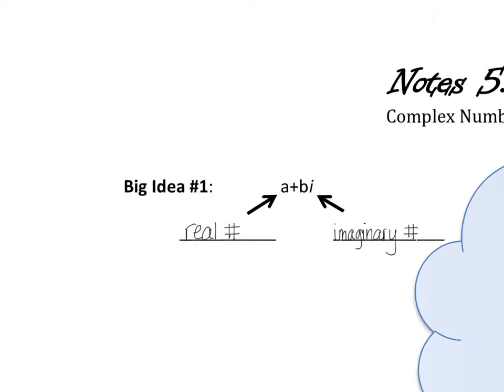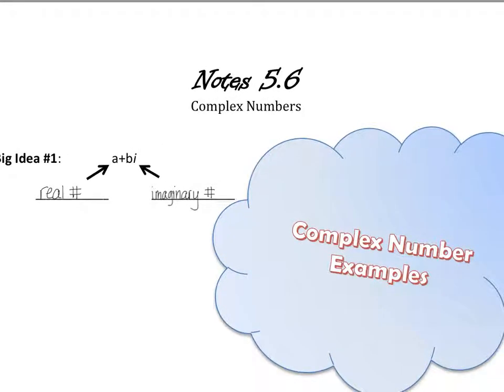So examples of complex numbers would be like 3 plus 2i, or 7 minus i, or negative 4 minus 16i, or just i, or just negative i, or negative 10i. I'm just making all those up. Anything with an i is a complex number. Even if it doesn't have a real number in front, it's still considered complex because it'd be like 0 plus i.